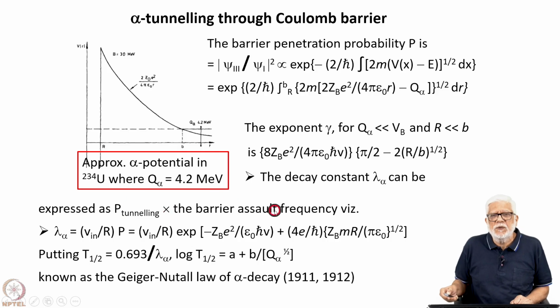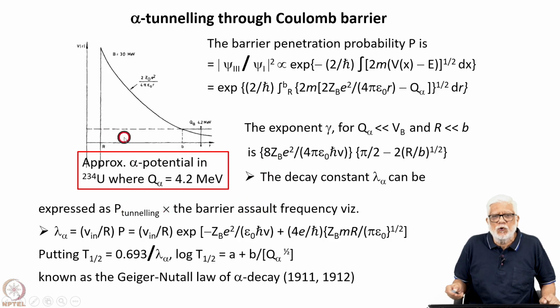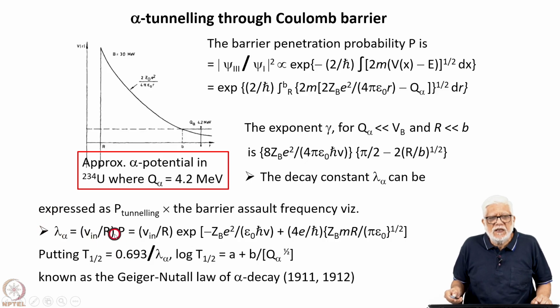Then using the barrier assault frequency, how many times this alpha hits this barrier back and forth, you can calculate the decay rate of this wave function. So v in by R times P. So R by v in is the time scale of that, and the inverse of that is the frequency.